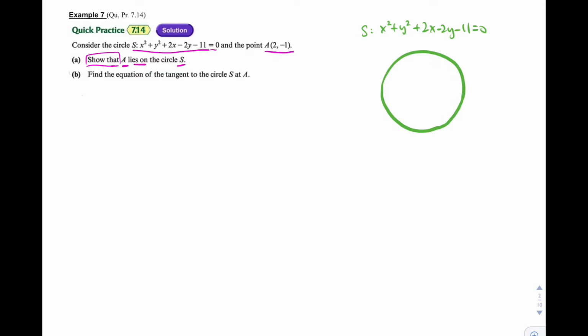To show that a point lies on a straight line or a circle, you have to check if the coordinates satisfy the equation. So here, we just substitute the coordinates of A into the equation of S and check if the value of the left-hand side is equal to that of the right-hand side. So for part A, we just substitute the point A into the equation of the circle.